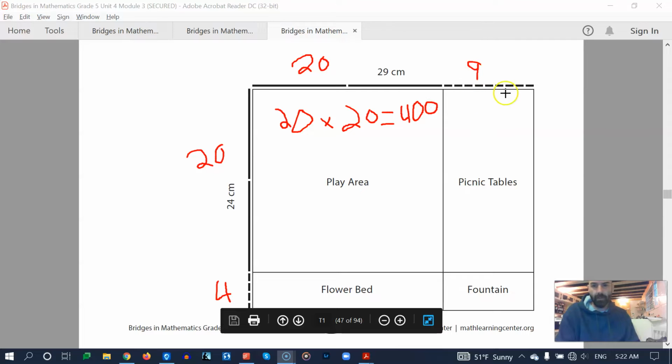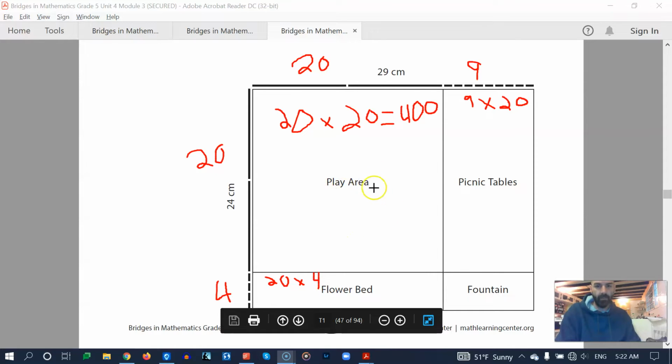This is 9 by 20, and that's going to equal 180. I'm just not going to write it in there because this is just frustrating. And then I got 20 by 4, which is 80.